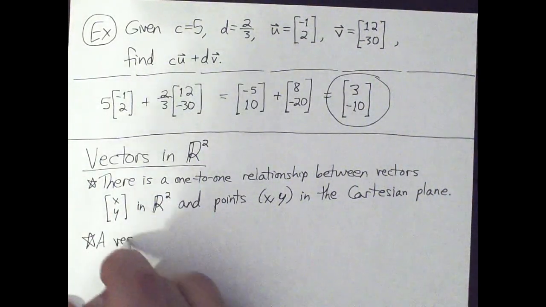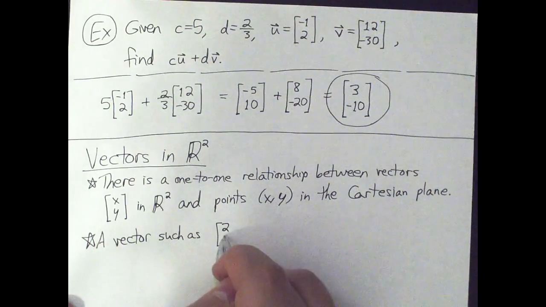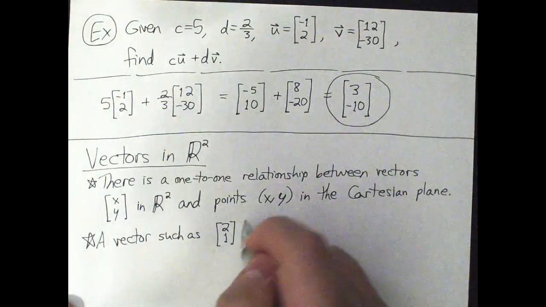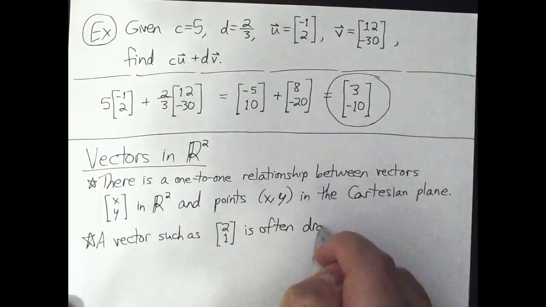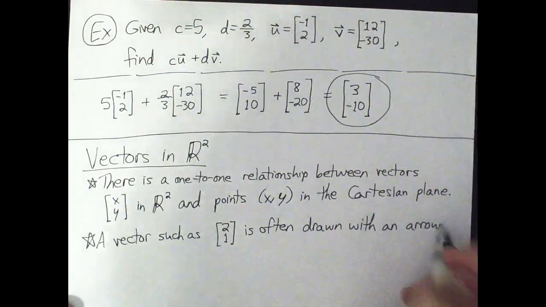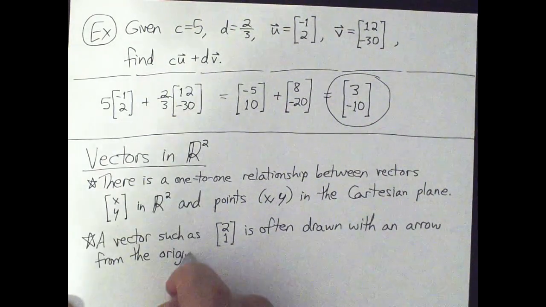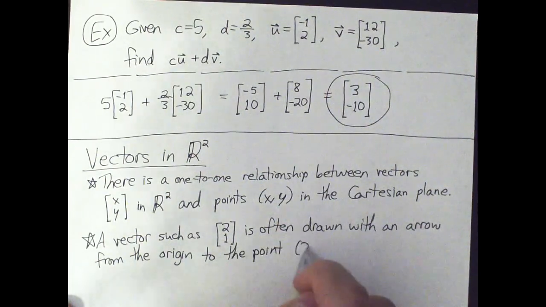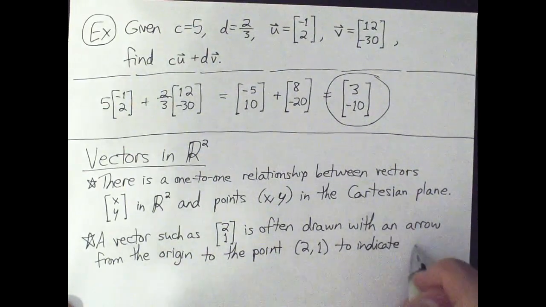A vector such as 2, 1 is often drawn with an arrow from the origin to the point 2, 1 to indicate direction.